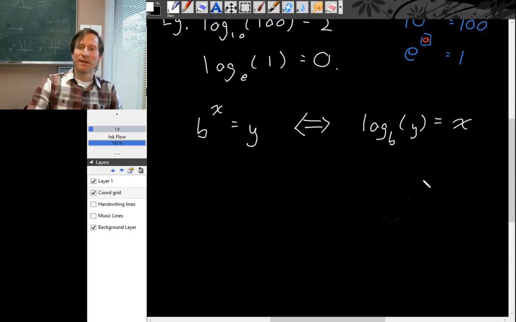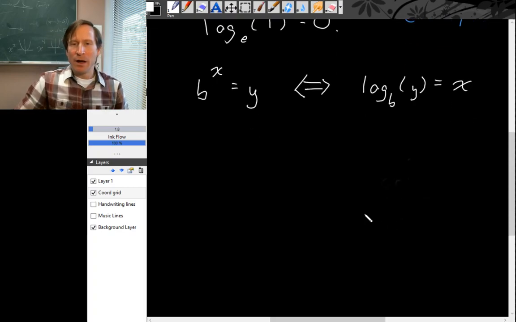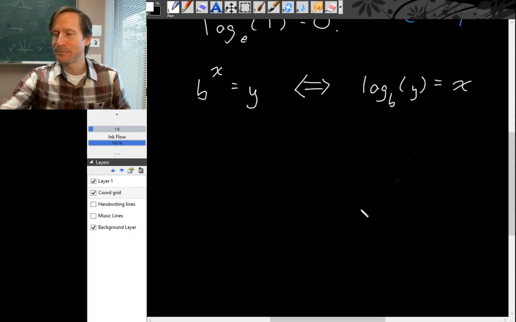Okay. We can check that this is right because the right-hand side is saying the exponent we would put on b to produce y is x. But that's what the thing on the right is saying. It's saying if you start with b and you use x as an exponent, you get y. But that's exactly the same thing.